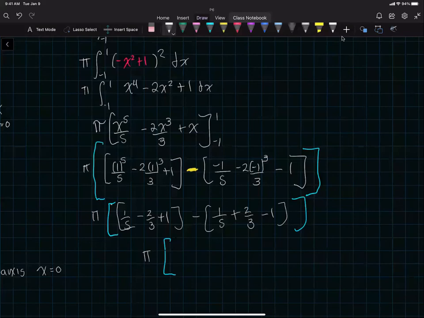So this is going to be 6 over 15 minus 10 over 15 plus 15 over 15.